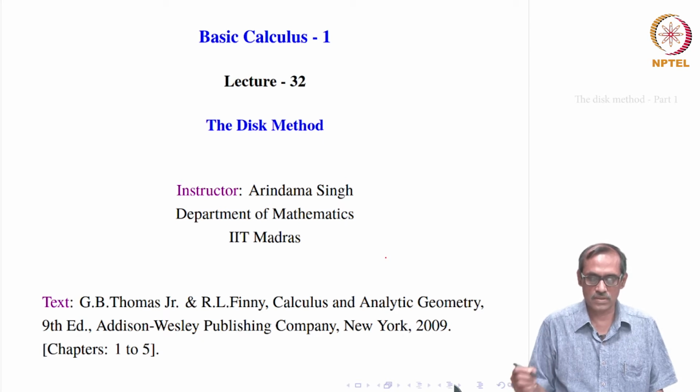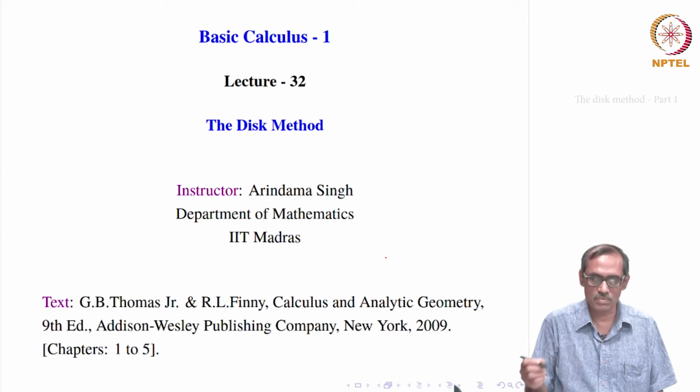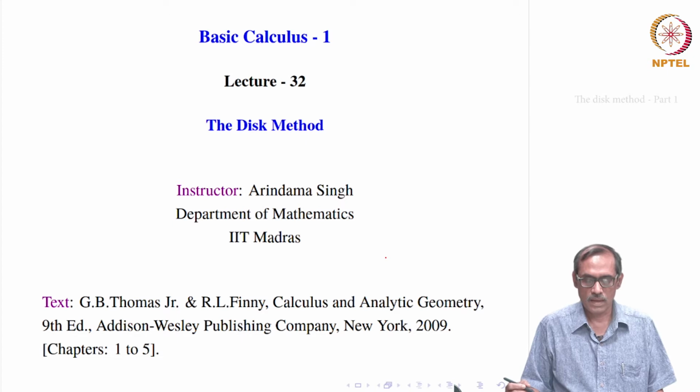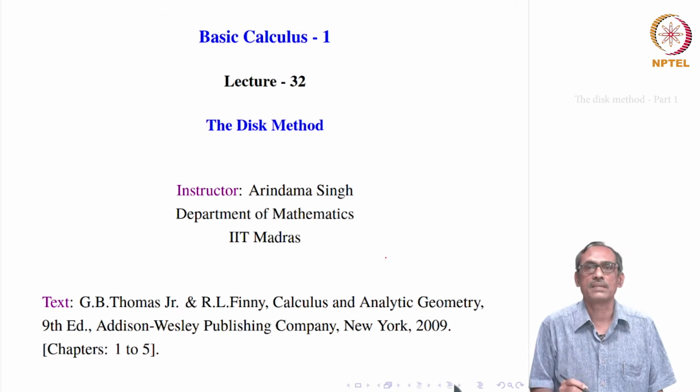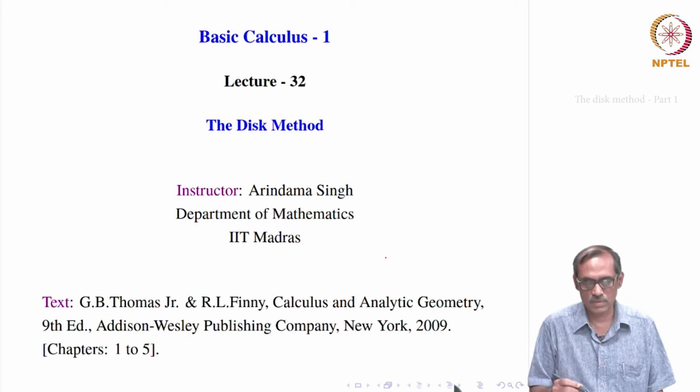In the last lecture, we had discussed computing volumes of certain kinds of solids by using the slice method. Today we will be talking about a particular case of that slice method, which is called the disk method. This is applicable to a subclass of those solids which we discussed last time.